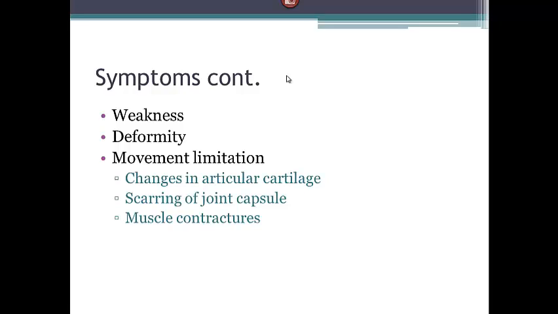Movement limitations. Ask the patient to determine the type of motion that they can do. What type of motions can you do? Can you show me? And these are most of the time in relation to scarring of a joint capsule or the so-called frozen joint, most likely due to muscle contraction.